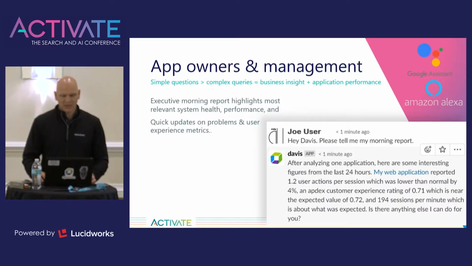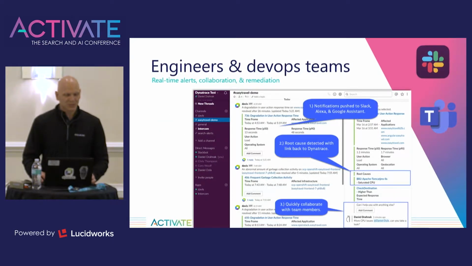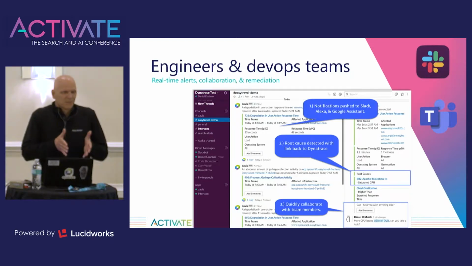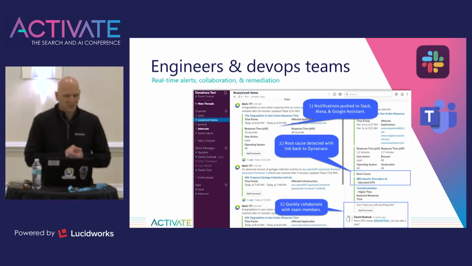In addition to that, our core persona user group are engineers and DevOps teams. These users have the same kind of convenience requirements. They want to quickly access all of their performance data in the channel of their preference, but they also work very tightly in collaborative messaging tools such as Slack and Microsoft Teams.